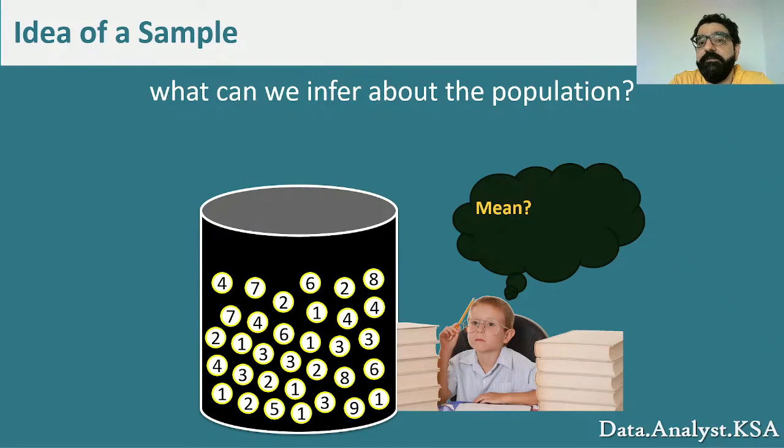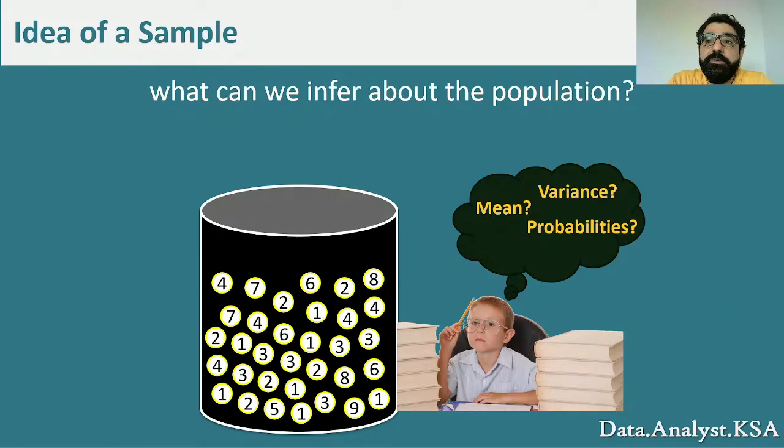For example, if we have the heights of children at the age of 10 all over the world, can we take 100 or 1,000 or 10,000 kids at the age of 10 and measure their heights and be able to tell what is the large population's mean of height? What is the variance? How do they differ from the mean?